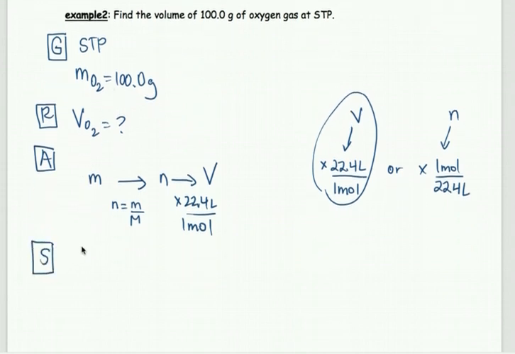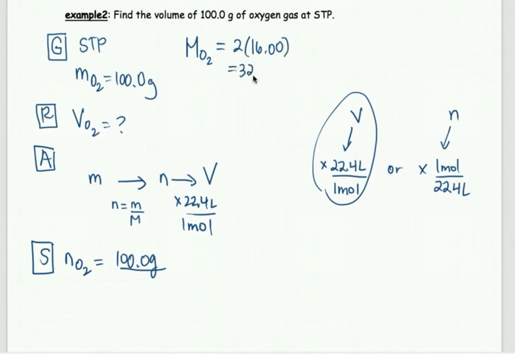So we'll find the moles of O2. We're going to do the formula method first. We have 100 grams, and we're going to divide by the molar mass of oxygen, which we'll find right now. Oxygen is 16, so two of them together make a 32 gram per mole molar mass.